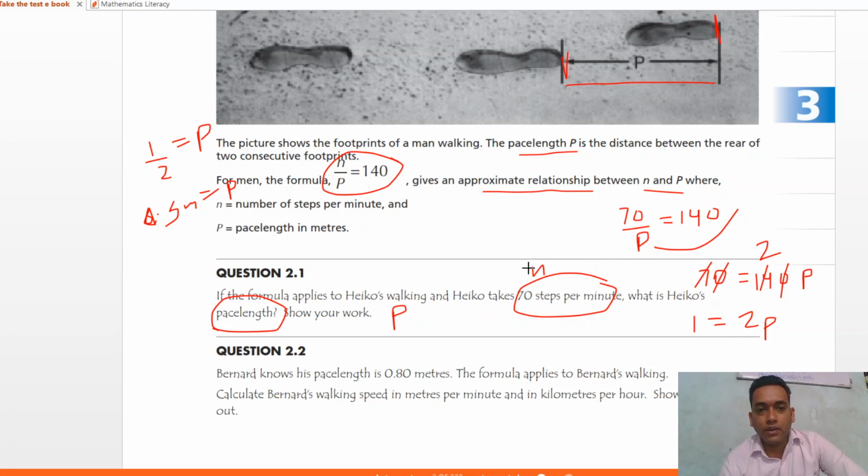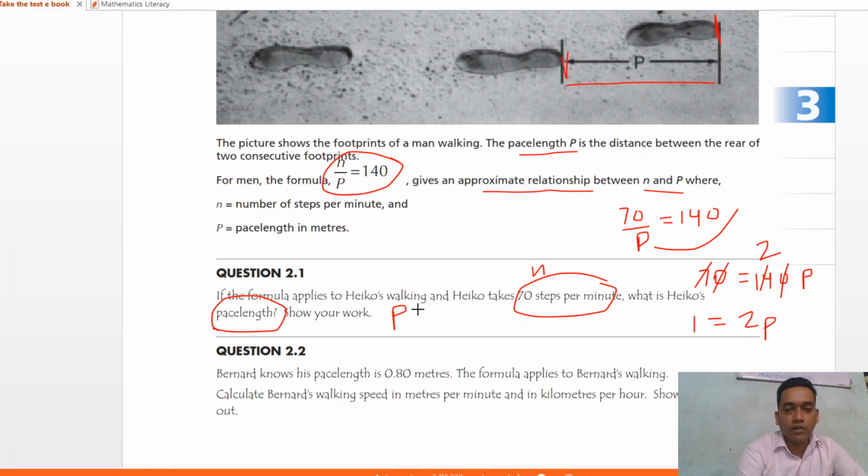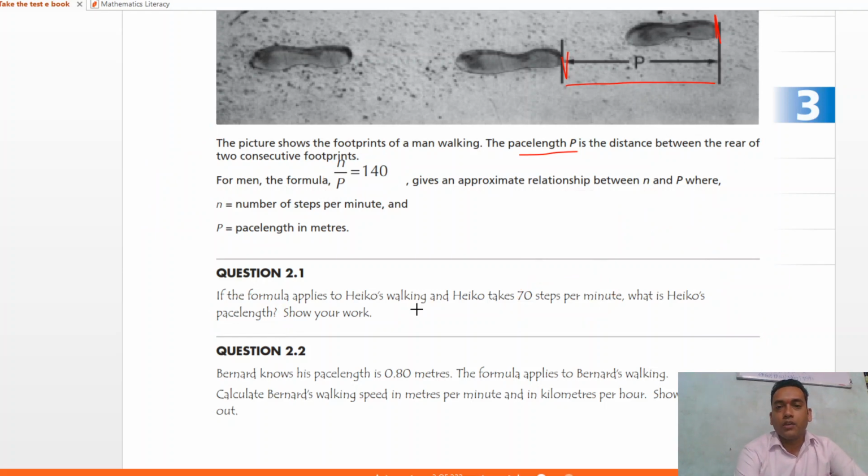So in the first question, n was given and we found p with the help of this formula. So n is 70, 70 by p is equal to 140 as given, p taken towards RHS, 0 cancelled by 0, 7 2s are 14, 2 taken towards LHS, so 1 by 2 is equal to p, 1 by 2 is 0.5 meter. The answer is 0.5 meter.